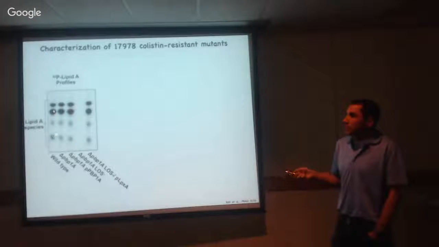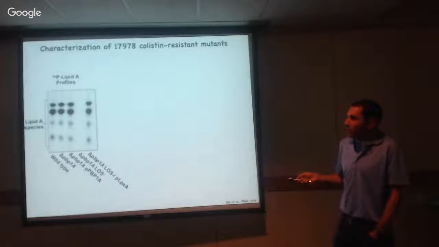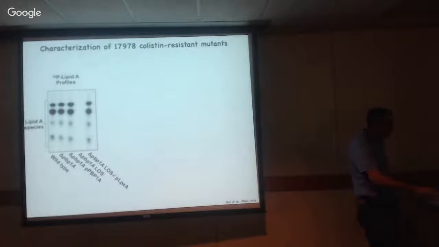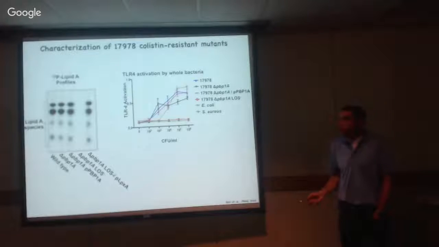As you see in our wild-type strain, this is the lipid A banding pattern that we see. In the PBP1A mutant, the lipid A does not change. But when we select for colonies without LOS on colistin, those colonies no longer produce lipid A.